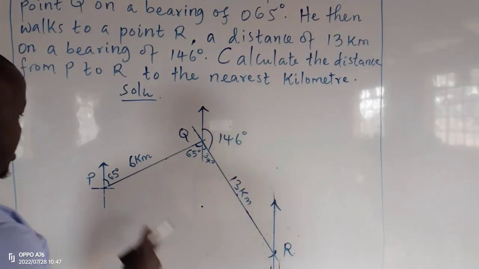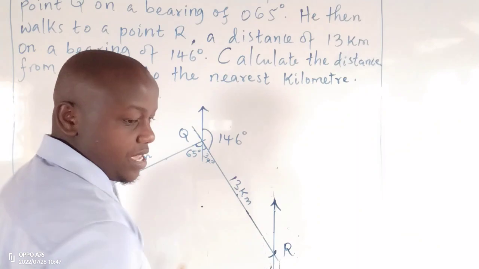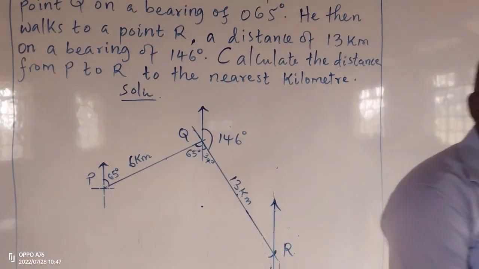So now we have P, Q, and R, the 3 points on the Earth's surface.